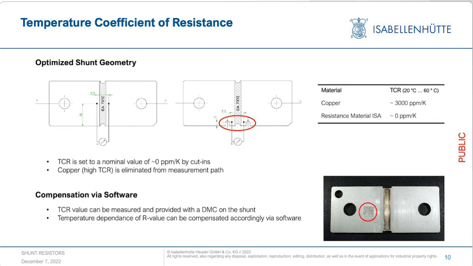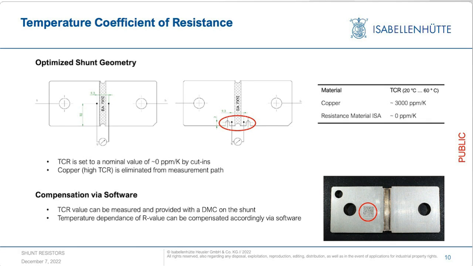Just as a reminder, we use a resistance material which, in the case of Isabellenhütte, is very close to 0 ppm, and a copper material for the left and the right connection part which has a TCR of about 3000 ppm.